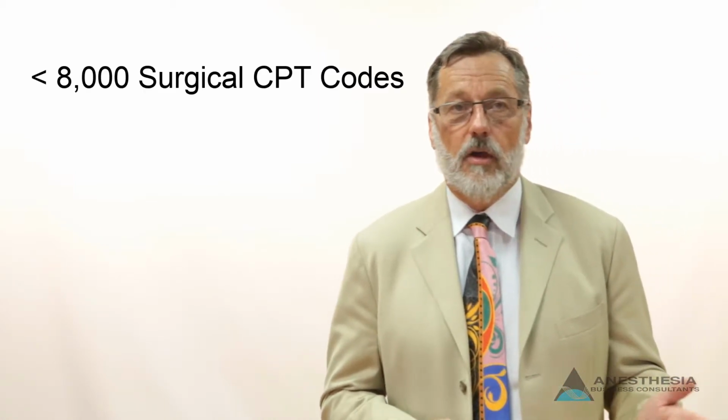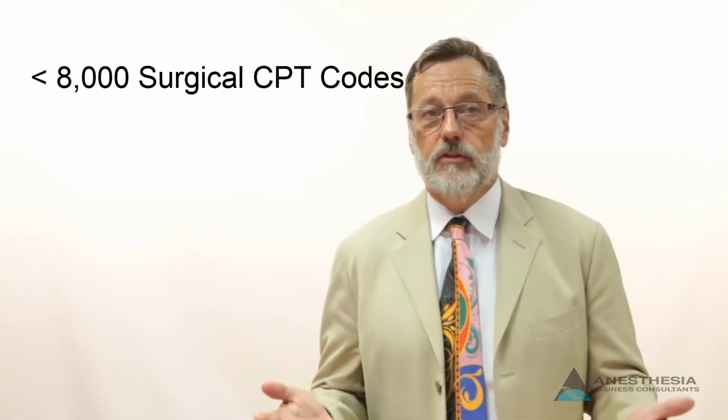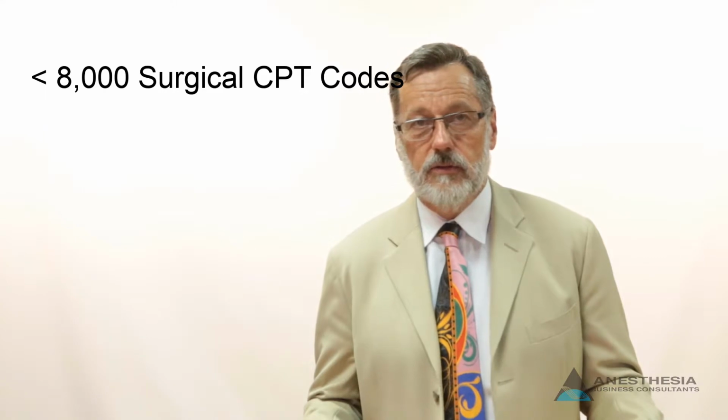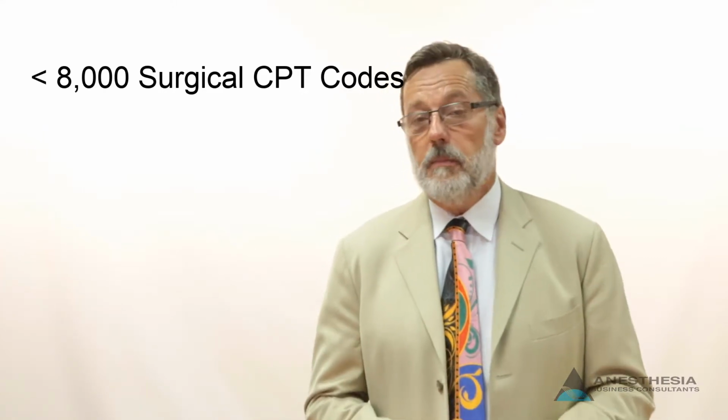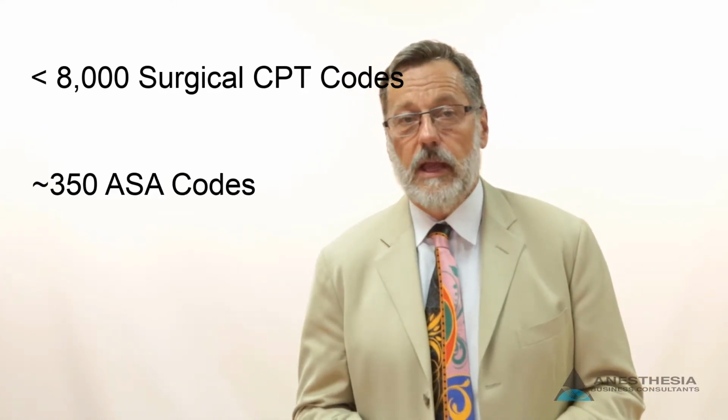A unique challenge of anesthesia billing is the need to navigate between the CPT sequence and the more generic ASA codes. There are more than 8,000 surgical CPT codes, and only about 350 ASA codes.